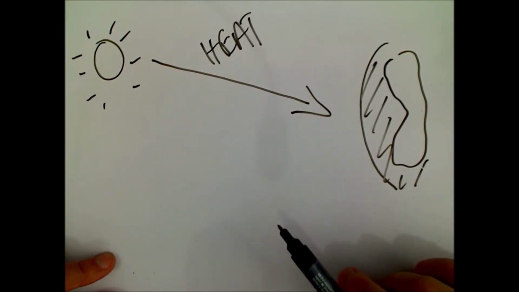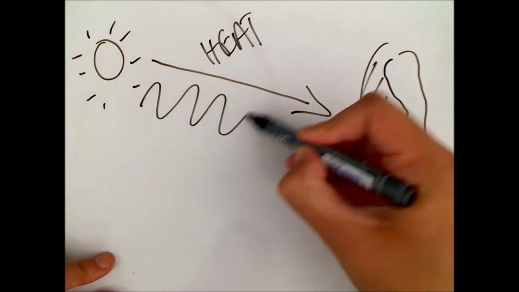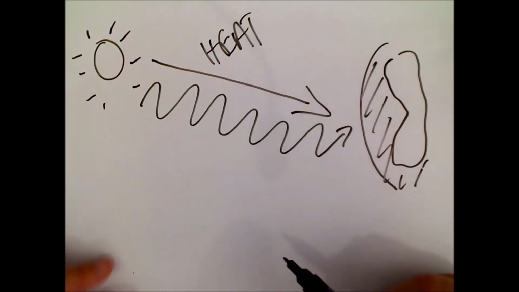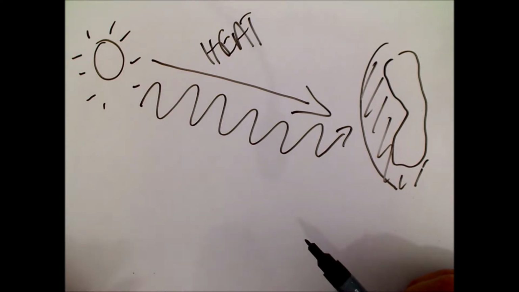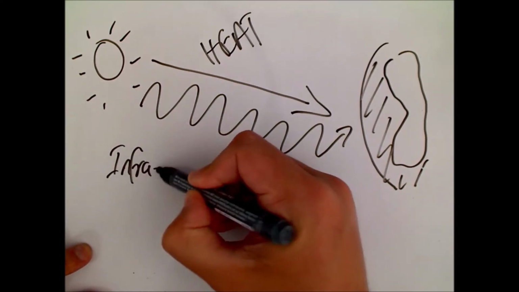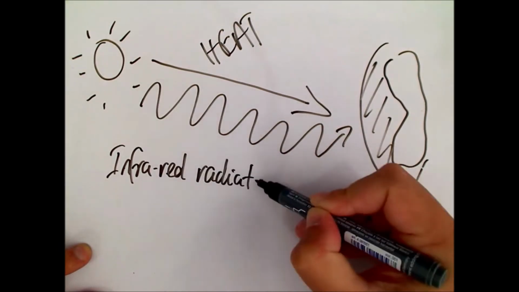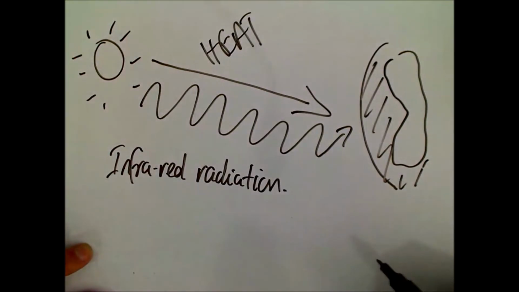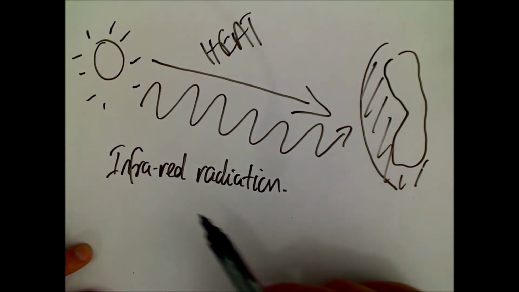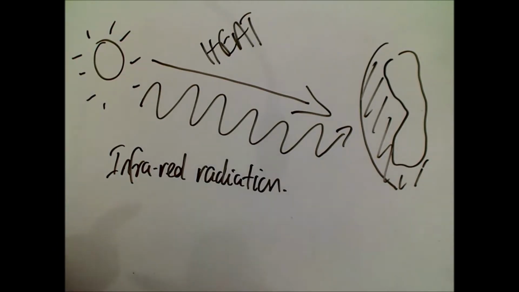That thermal energy is transferred using waves. Not quite the same as a water wave, but it's infrared radiation that transfers it. Infrared radiation is a kind of wave that can transfer thermal energy from one place to another without needing any particles.